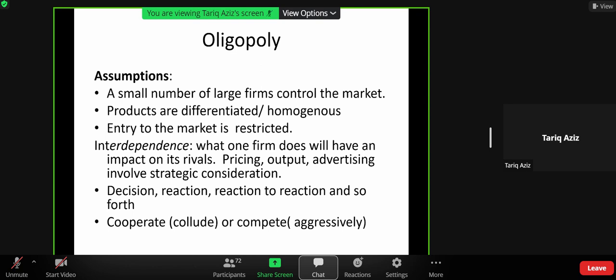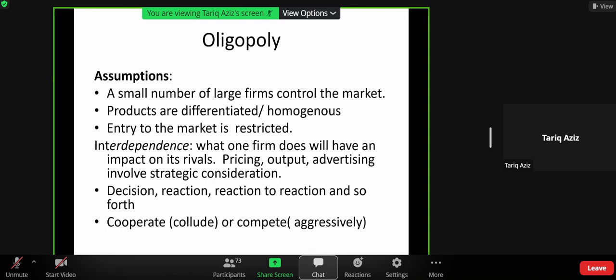Or in other words, that industry is dominated by a few players, maybe 4, 5, 6, 7, 8, around things like that. But the majority of the market share is in the hands of a few players. The industry is dominated by a few large firms, large companies that dominate that particular product category of that industry.